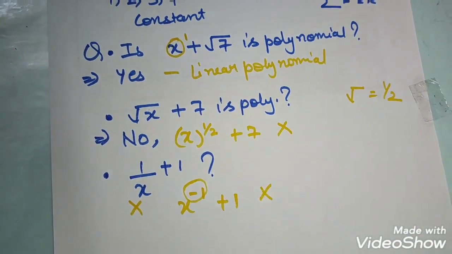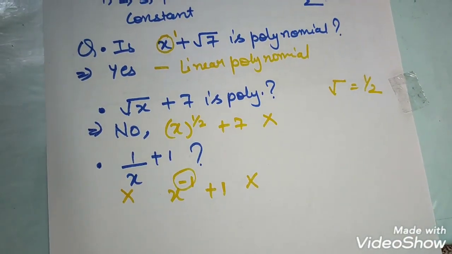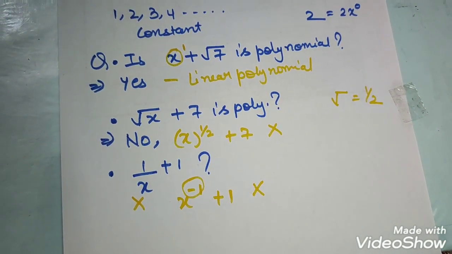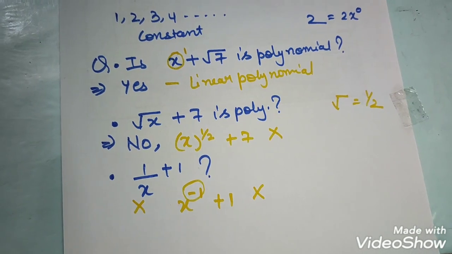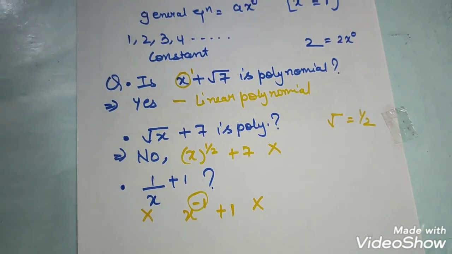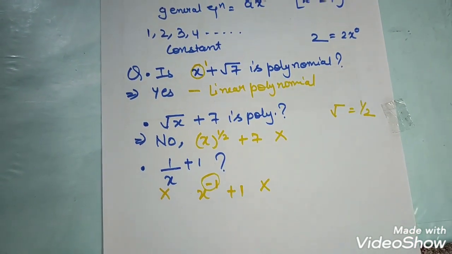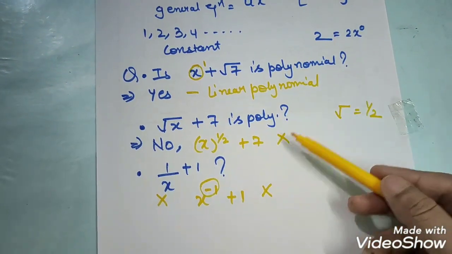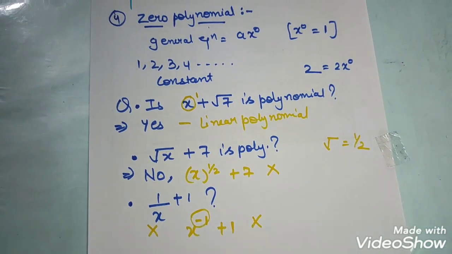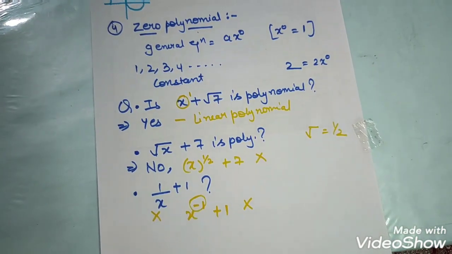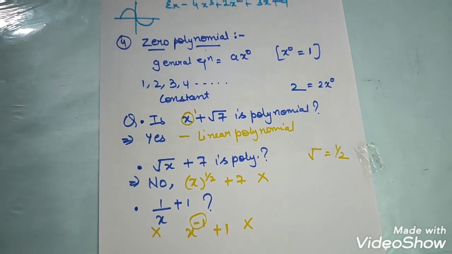So therefore it is not a polynomial. Degree or power should always be a positive number. So we have now done 3 examples, and this is how we have studied polynomials.